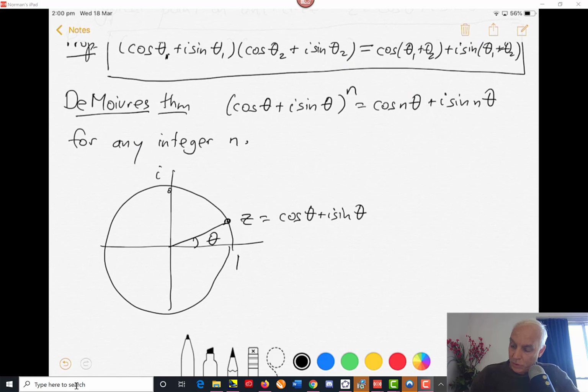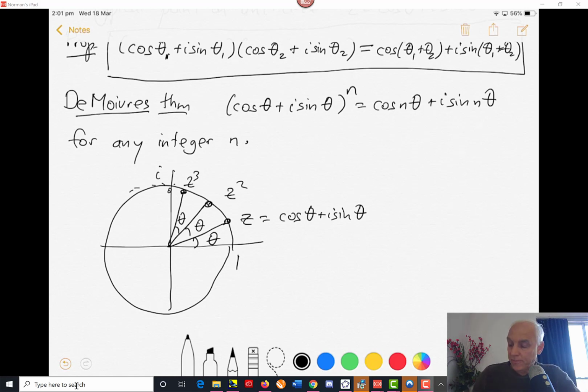Then if we look at z squared, well, it's going to be just what you get when you take two of those angles, both equal to theta. And z cubed, well, it's formed by taking another angle theta, so z cubed up here. And so correspondingly, we could keep on marching around the unit circle at constant radial intervals and get increasing powers of z.